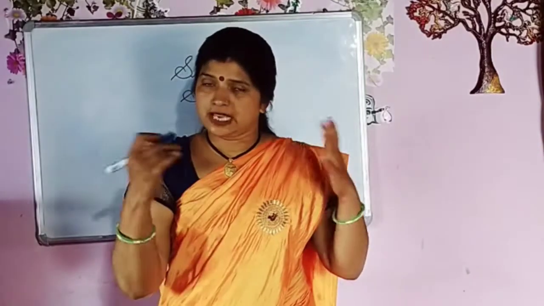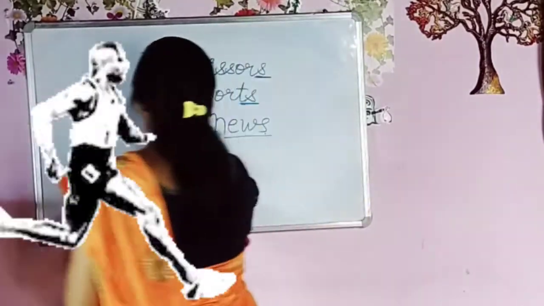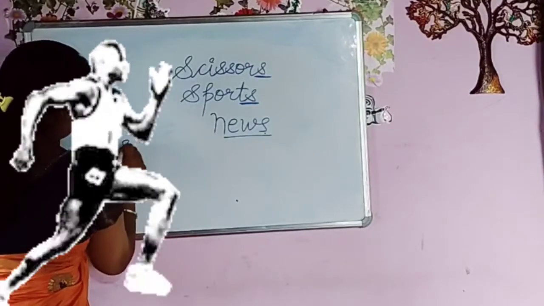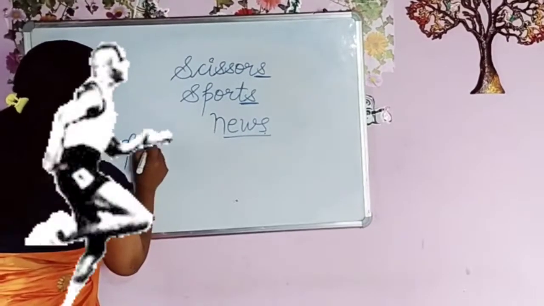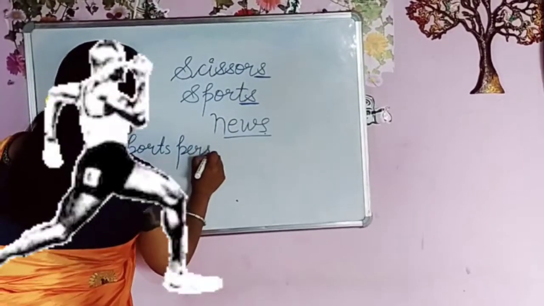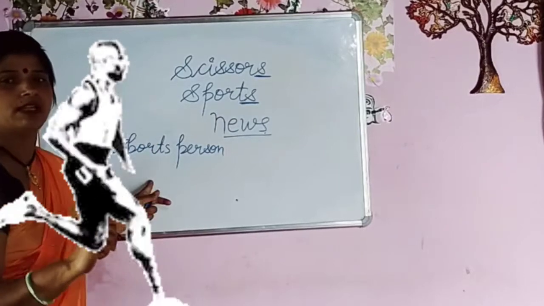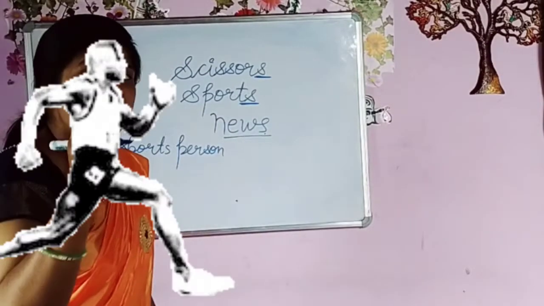So, for example, I will tell you a sport person. When we are talking about one sport, a sports person. That means here we are talking about only one sport person. इसका मतलब हम यहाँ पे क्या है, हम एक ही sports person के बारे में बात कर रहे हैं. ठीक है?